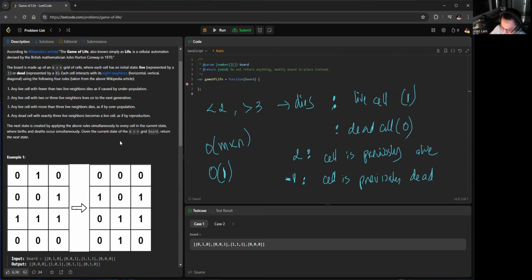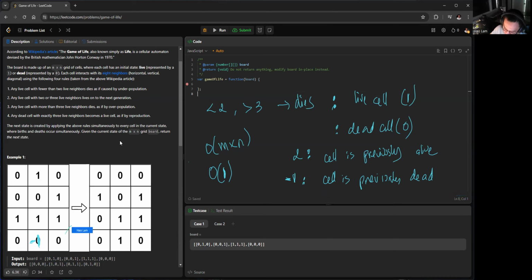Okay, so let's look at this example here. I can turn this one into a -1. We know this number was previously a zero, a dead cell. -1 means the cell was previously dead.